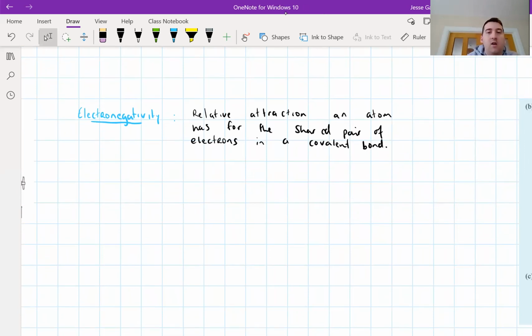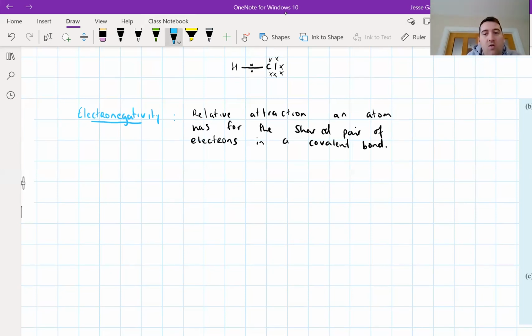Very, very quickly again, just recap the idea. Here's a bond, HCl. Here is the shared pair of electrons being shared between the chlorine and the hydrogen. And the idea here is that they are not quite shared equally. So if I was to redraw the shared pair of electrons as being on the bond, if you like, both atoms are going to attract the electrons towards themselves.